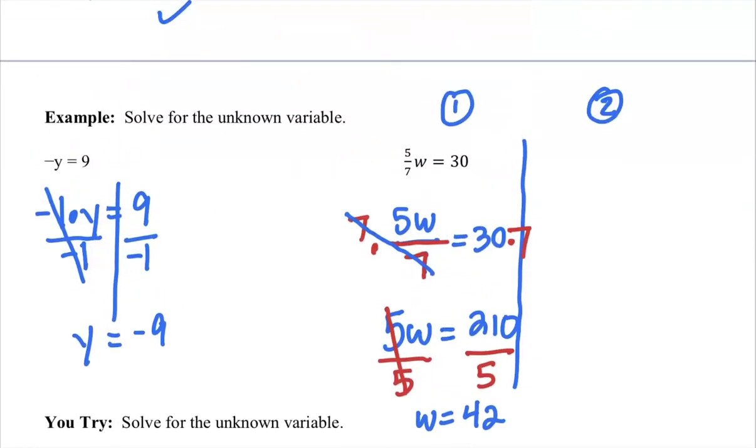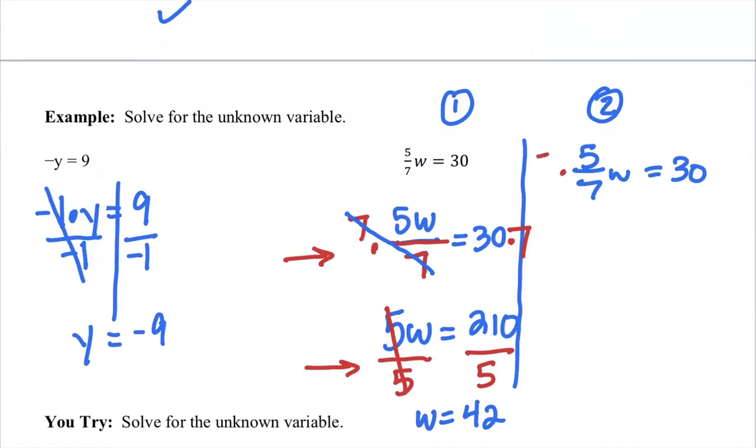Another way to work this same problem, let's see, 5 over 7w equals 30. You see how it took me 2 steps to solve. First I multiplied and then I divided. We could do that in 1 step when we multiply by the reciprocal. You see how this is 5/7, and I'm multiplying by the reciprocal, or the flip of that.